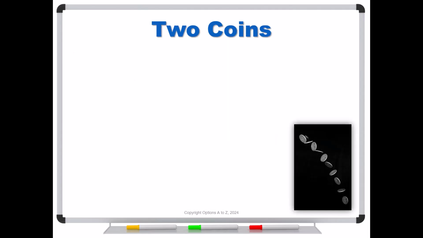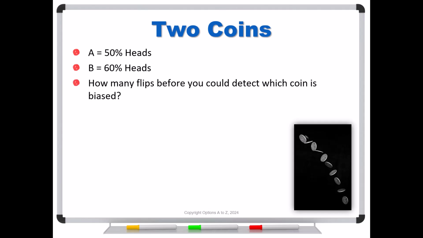But now let's assume we have two coins. Coin A, we'll call it, comes up heads 50% of the time, and coin B comes up heads 60% of the time. And so again, the question is, how many flips would you need before you could detect which coin is biased?